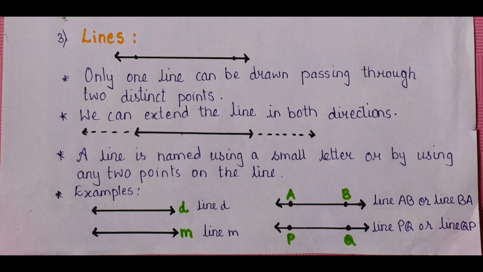Line d and line m. In the next 2 lines, I have named the 2 points on the line using capital letters. We can read it as line AB or line BA, line PQ or line QP.